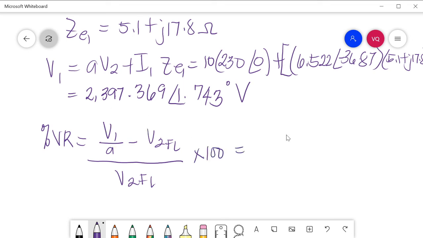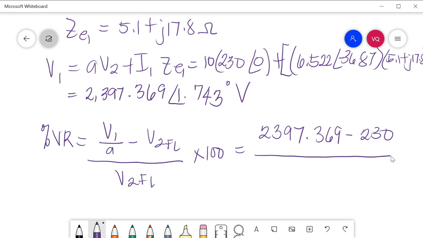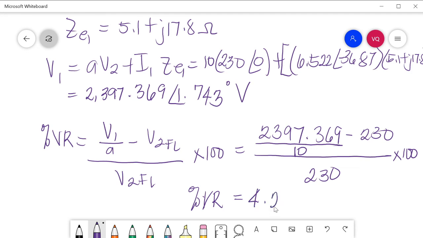So magnitude only, 2,397.369 divided by 10 minus 230, divided by 230, times 100. So percent VR is equal to 4.233%.